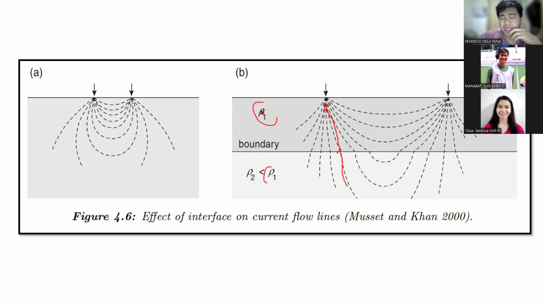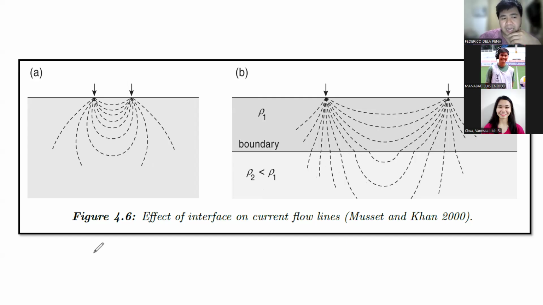So generally, if your surface is very conductive, you will tend to have a slightly shallower penetration compared to a more resistive ground. Although this is not a straightforward matter, we also have another concern.